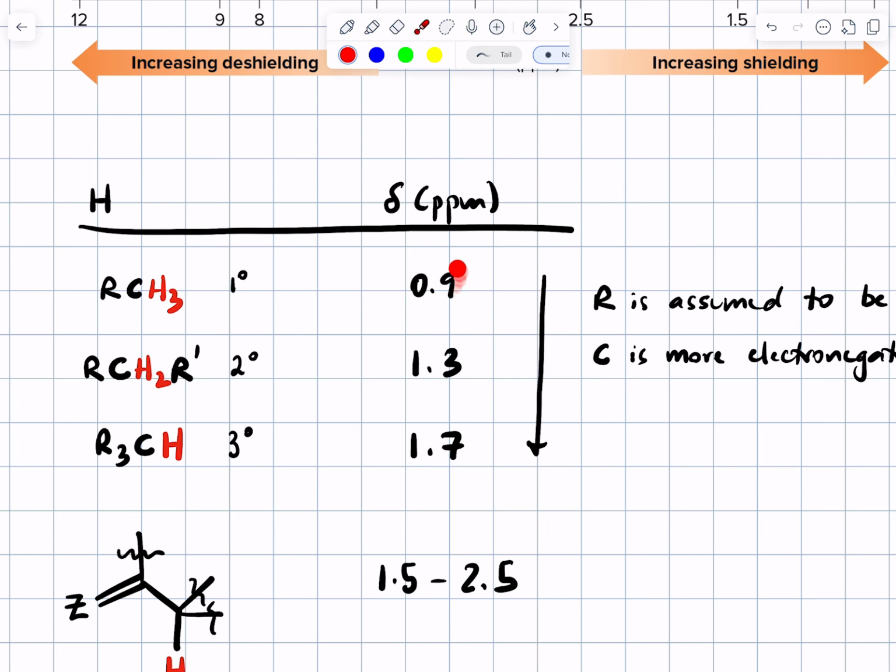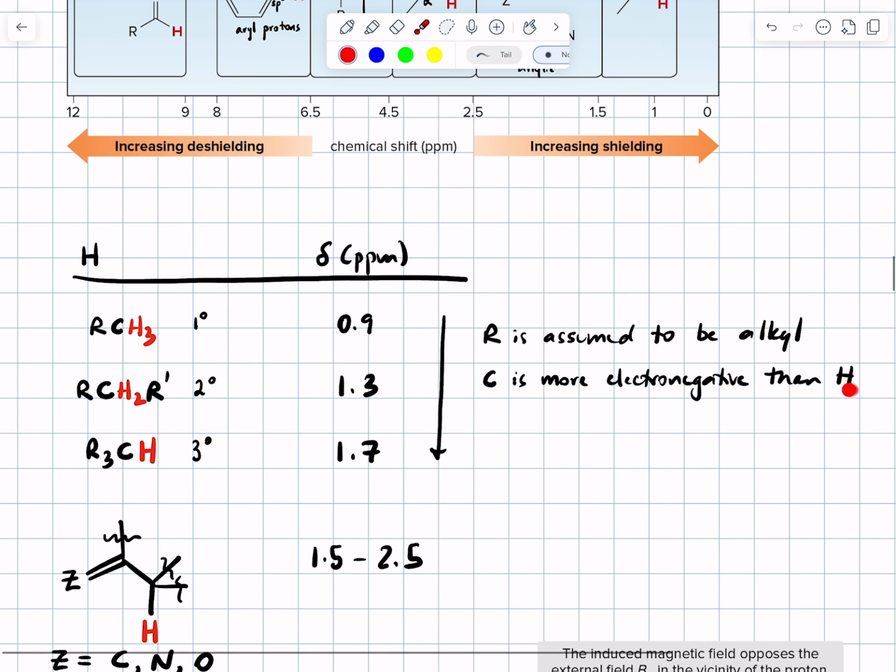And primary alkyl groups are more shielded relative to tertiary alkyl groups. That's just because carbon is slightly more electronegative than hydrogen. Generally, the distinction between these is not going to be that useful to you. You won't necessarily use it to get a lot of information, but protons in the shielded region from 1 to 1.5 tend to be on isolated alkyl protons that are not adjacent to electronegative heteroatoms.